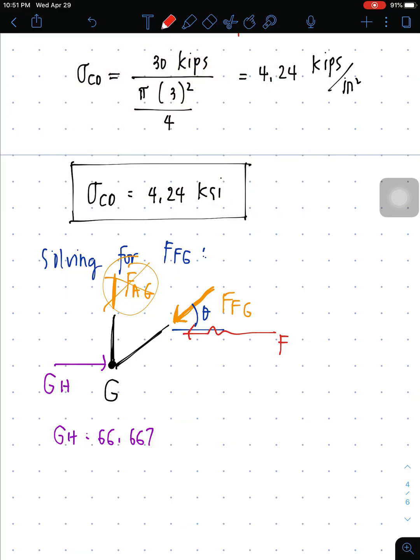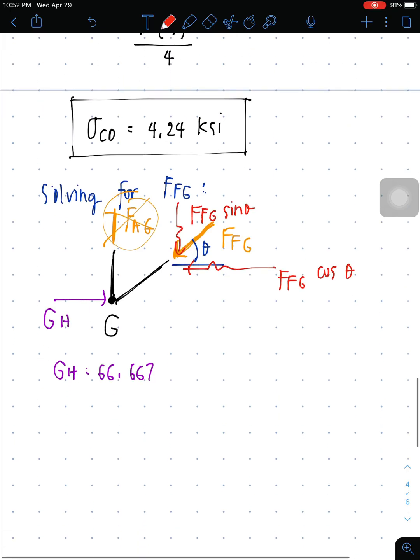So this is FFG cosine of theta, and you have FFG sine of theta. So in this case, since mag-solve raman ta sa FFG, then the only known value here is GH, and GH is horizontal, so might as well pair it with this one.